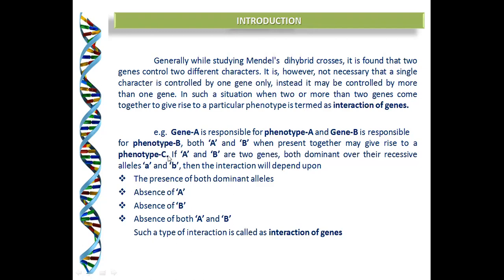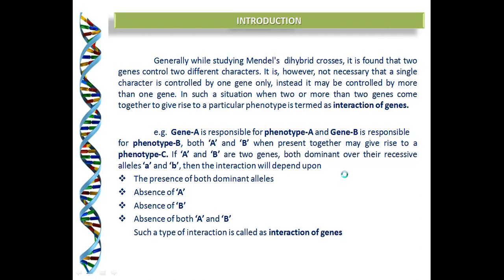We call it phenotype C. This is possible only when A and B both, when they come together, are in dominant condition. Both A and B must be present in that organism in dominant condition, and only then can we observe this phenotype C.